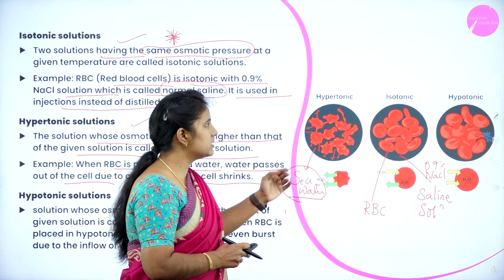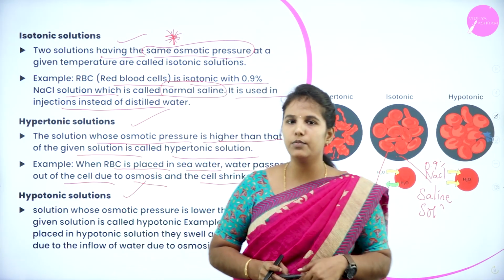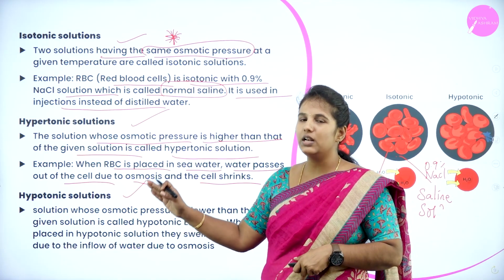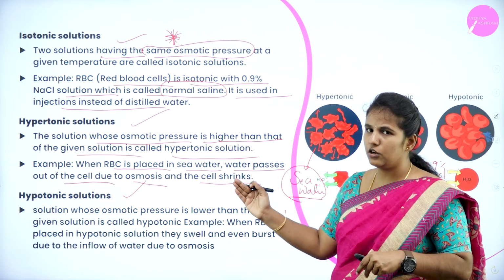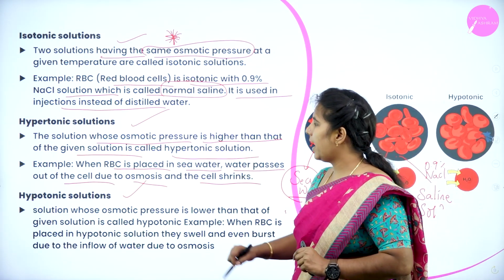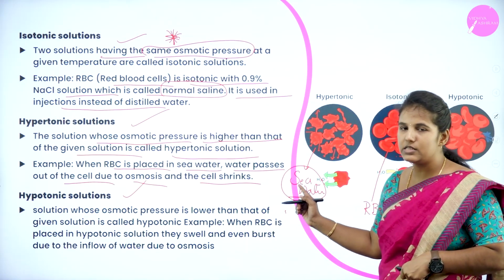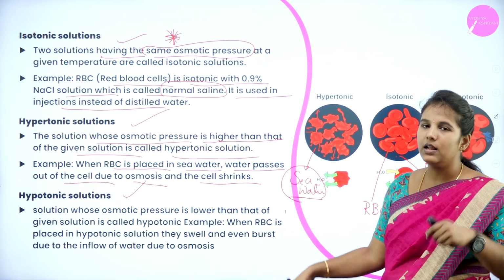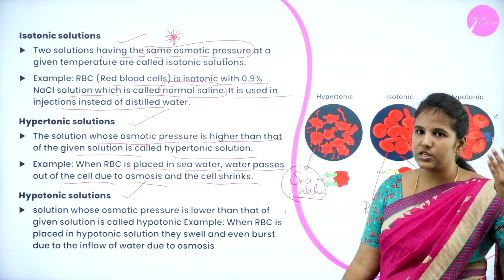Such solutions are called hypertonic solutions. So what is a hypertonic solution? It is a solution in which the osmotic pressure of one solution is higher than that of the other. The best example is red blood cells placed in seawater, which consists of a high concentration of salt.